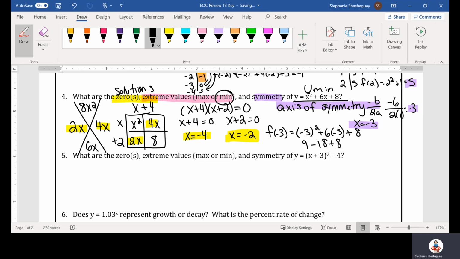So I'm going to have 9 minus 10, which is equal to -1. So my vertex is at -3, -1, and that's going to be my minimum value.